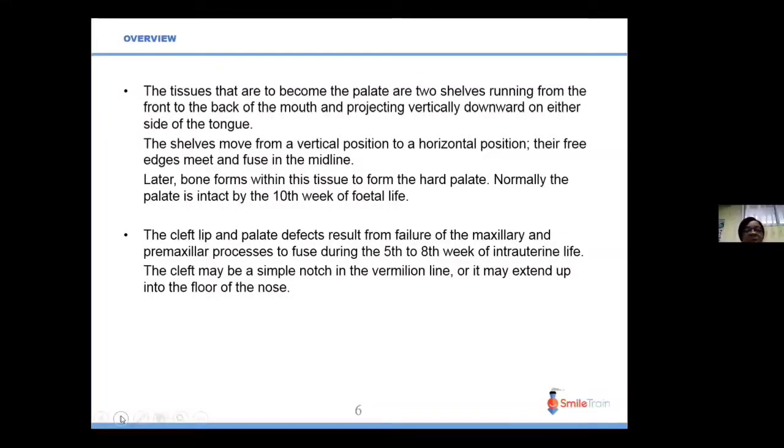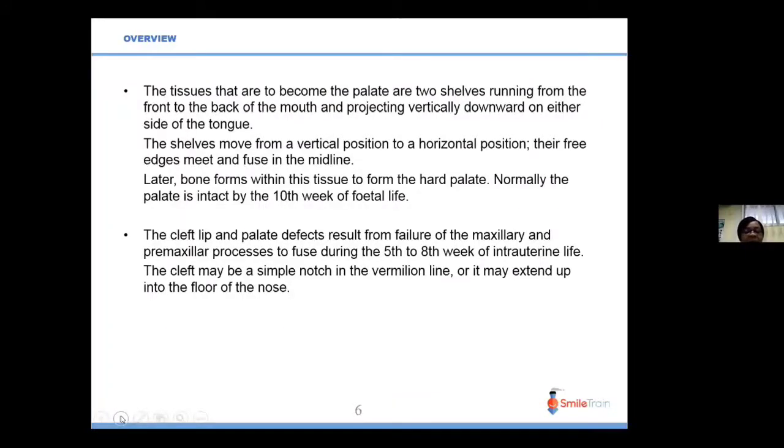The shields move from a vertical position to a horizontal position, and then they are free to meet and fuse at the midline. While this is happening, bone formations occur within these tissues to form the hard palate.